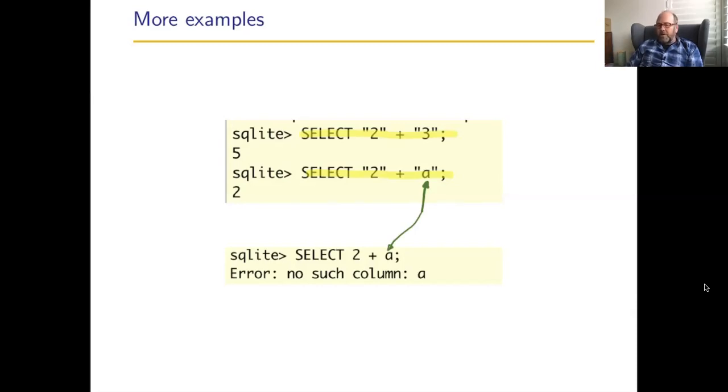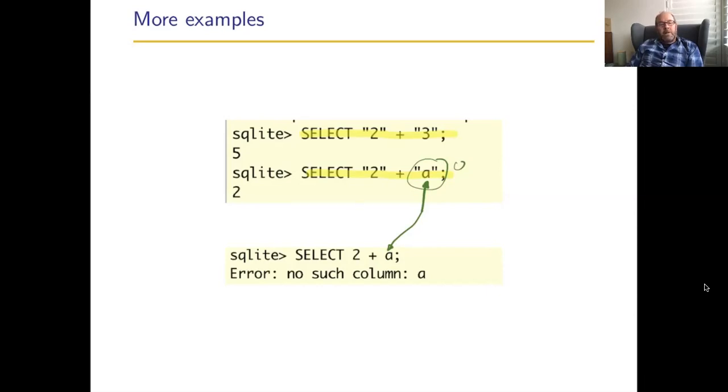Okay, so 2 plus A. Well, now we're getting pretty silly, right? Unless you're going to concatenate strings, there's no real sensible way to add the number 2 to the string A. But what SQLite does, if it can't interpret the string as a number, it just replaces it with 0. And then you just get 2 at the end of it.